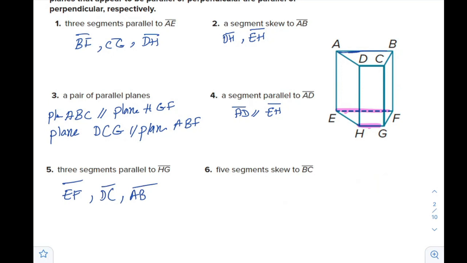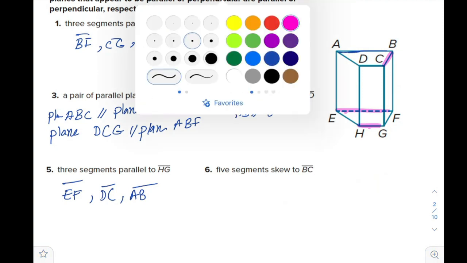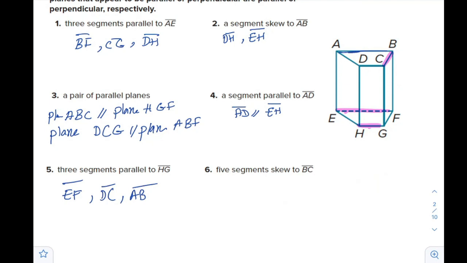Now, 5 segments skew to BC. BC is this one. What is skew to BC? We have many here. We can say that AE, let's change the color, AE is skew with BC.